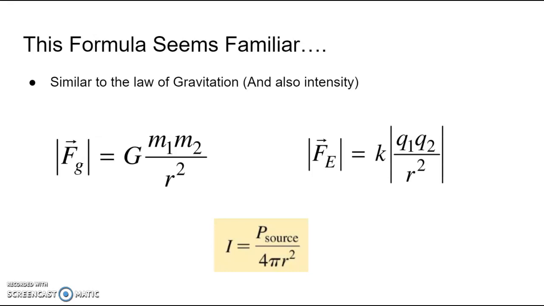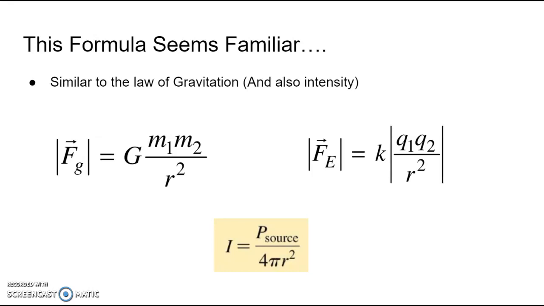These are also what's called conservative forces. All conservative forces have this formula. We also had a somewhat similar formula when we were dealing with intensity, but we're not going to worry about that too much. The AP exam is going to emphasize the similarity here between the electric force and the gravitational force.